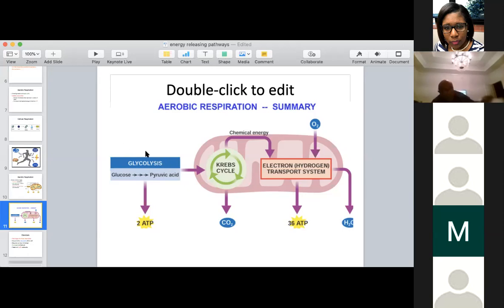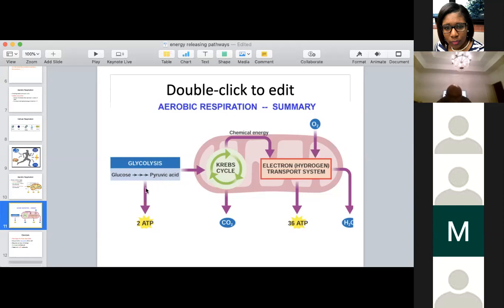Glycolysis is the first stage of aerobic respiration. What happens is that glucose molecule is broken down into an intermediate molecule known as pyruvate or pyruvic acid. I do want you to know that during cellular respiration, glucose is broken down to an intermediate molecule that we'll just call pyruvate.